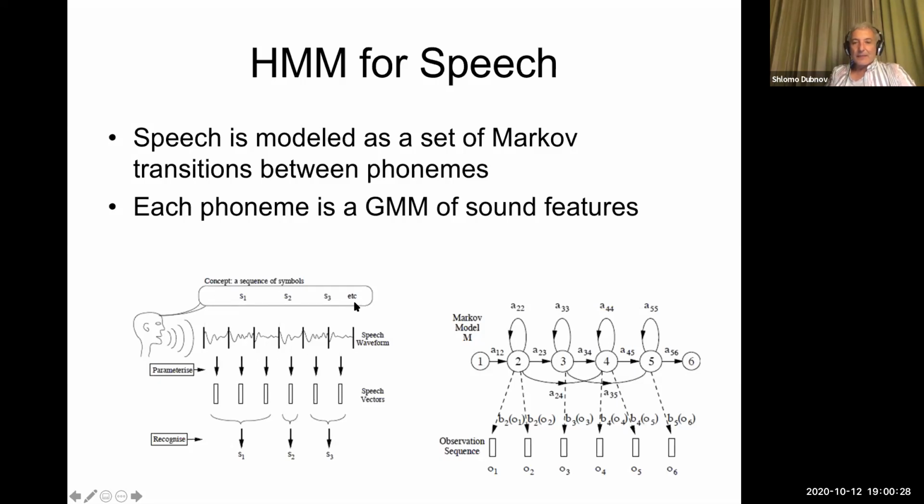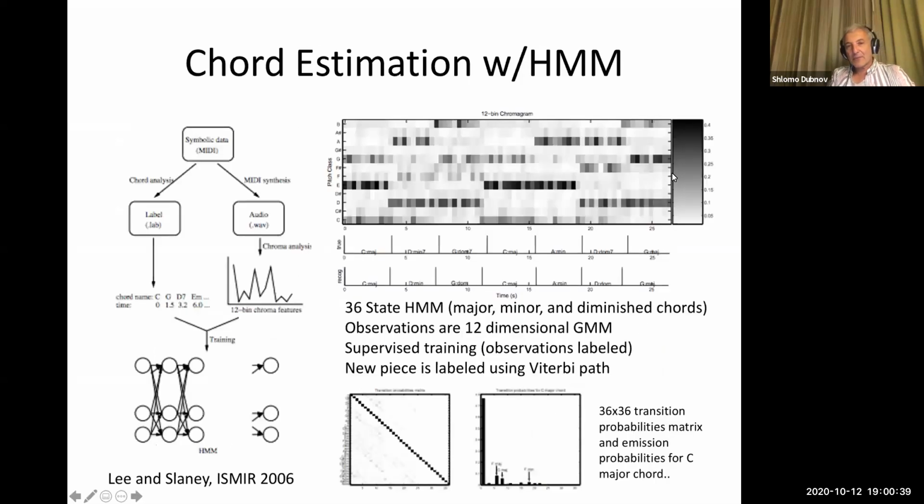So this is one intuitive model where you have latent states and you have temporal dynamics. Chord estimation with HMM, that's another example. So the idea is basically to be able, from the audio recording, here the audio is represented as something called the chromagram.